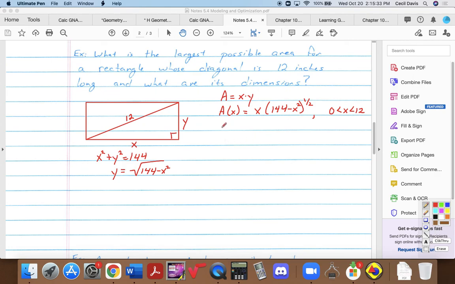So now we'll take the derivative, A prime of x, and that'll be x times 1/2 of 144 minus x squared to the negative 1/2 times negative 2x, plus 144 minus x squared to the 1/2 power times 1.